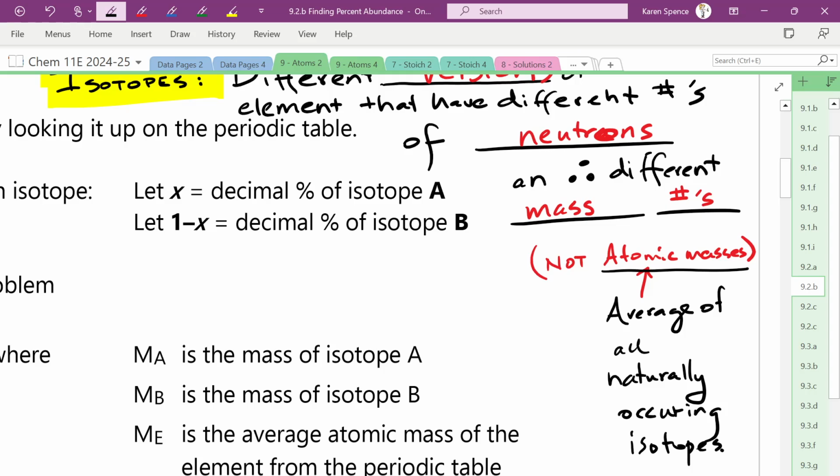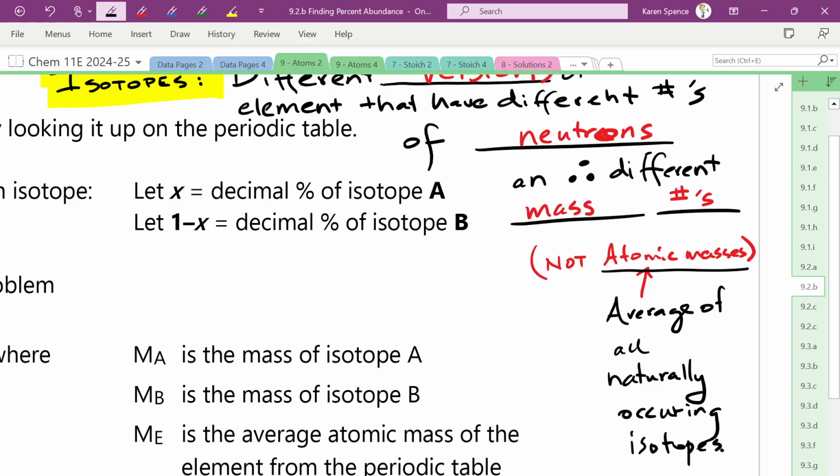Yes? So if we were to look at carbon, carbon comes in several versions. It comes in carbon with a mass number of 12, carbon with a mass number of 13, and carbon with a mass number of 14. However, on the periodic table, the average mass of carbon is given as 12.01. So what does that tell you?